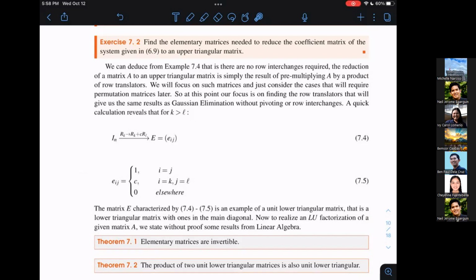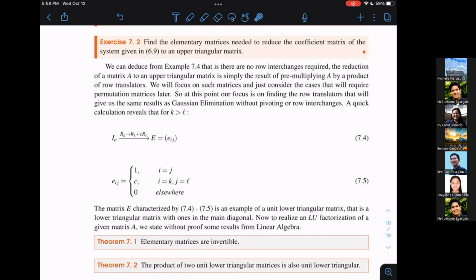So, minsan na-foresight talaga na pagpalitin yung kanilang positions, right? So now, in this discussion or in this module, I am assuming that I don't need to do row interchanges. Kasi hindi naman laging required na mag-row interchange ka. So, ang inassume ko lang ay, ito yung mga cases na kailangan lang natin yung row translators.